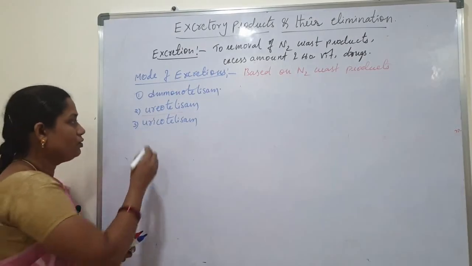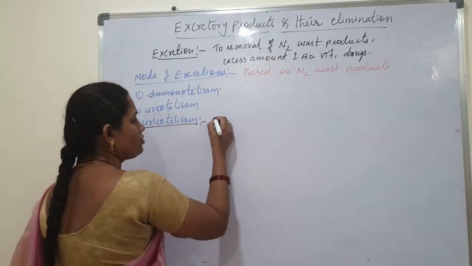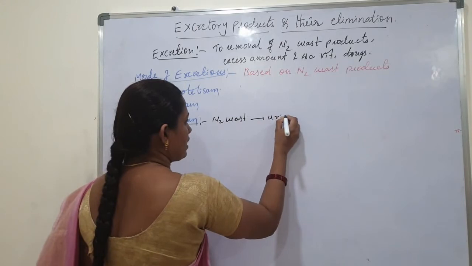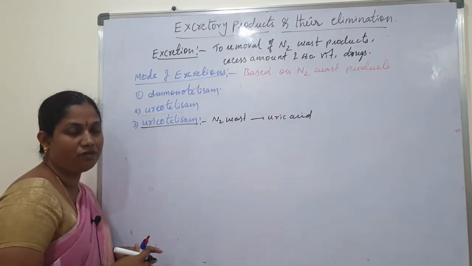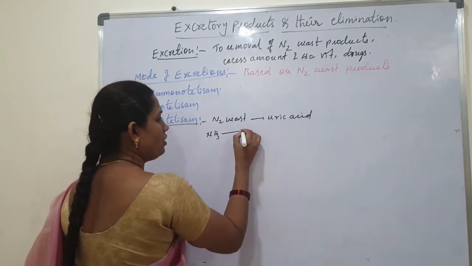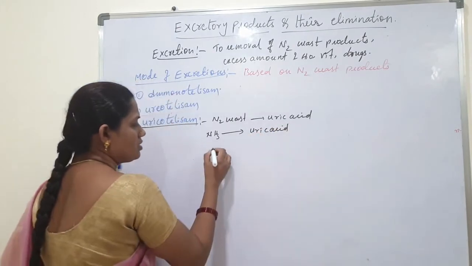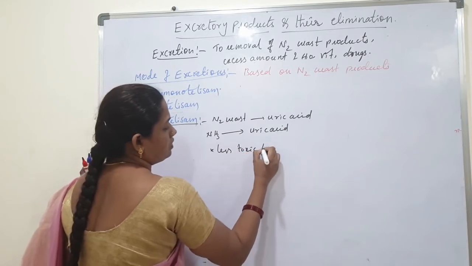Next, uricotelism, which means the nitrogenous waste is released in the form of uric acid. Here also the ammonia is converted into uric acid. Uric acid is very much less toxic than urea.